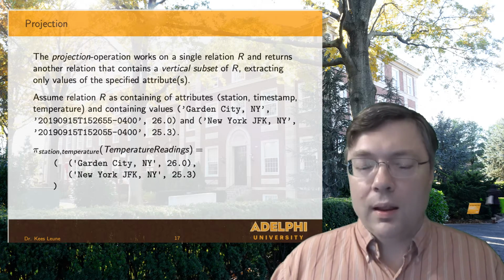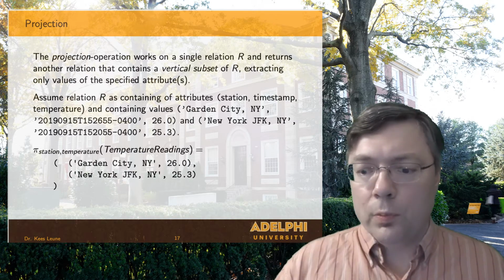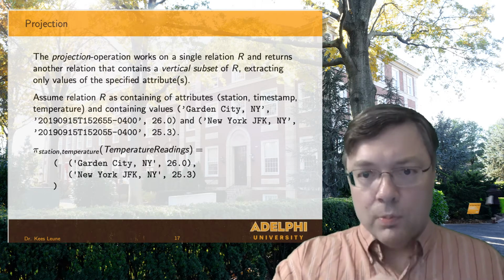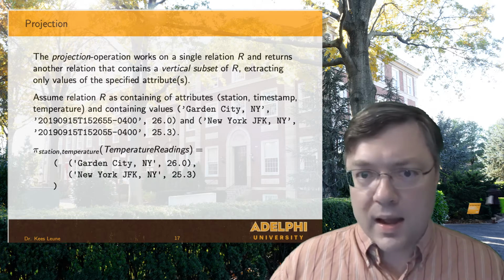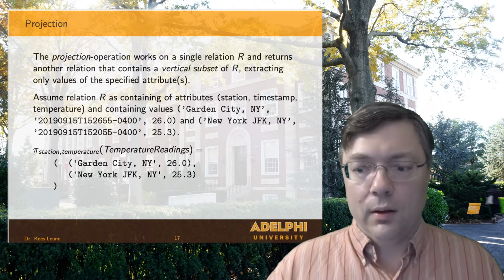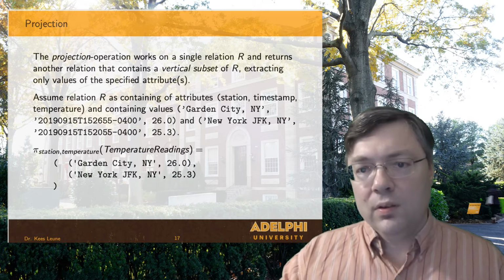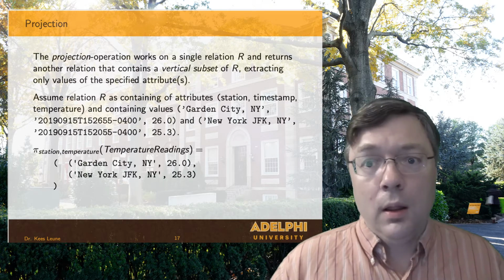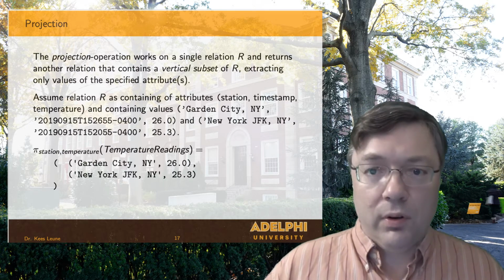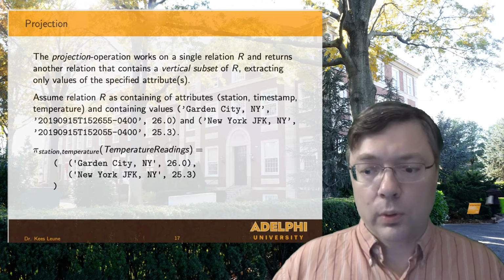And so if I do that here, I use the pi symbol for projection. As a subscript, I tell it what two columns I'm interested in, but that could be any number of columns as long as they're valid. And then between parentheses I put the name of the relation or the relation itself. It could be a relation yielding from a different operation as well.